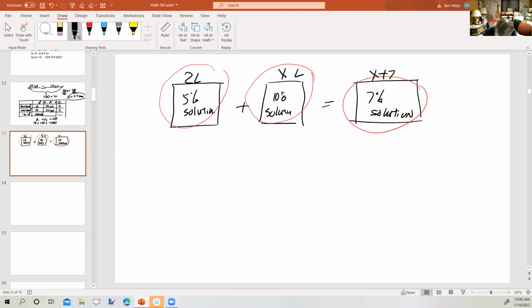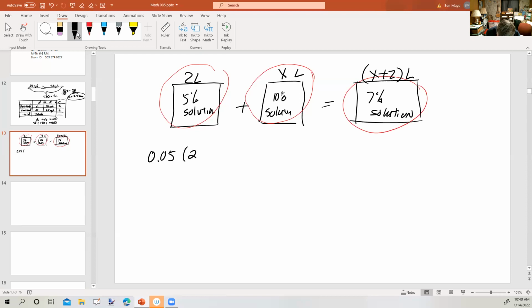I have X plus 2 liters, okay? If I take $5 plus $2, I have $7, right? But if I had $5 plus some unknown amount of money, I'd have 5 plus some unknown amount of money. Okay, well, where does this get us? This gets us to the following equation.